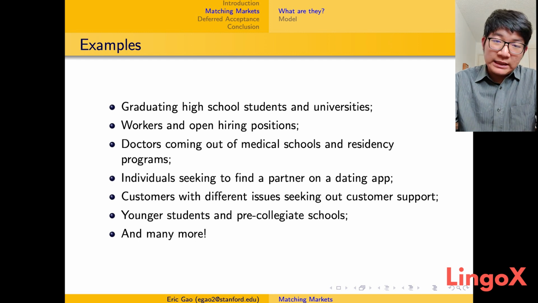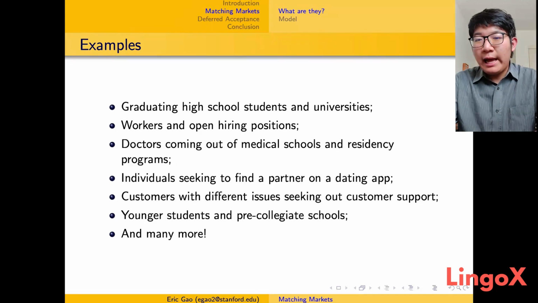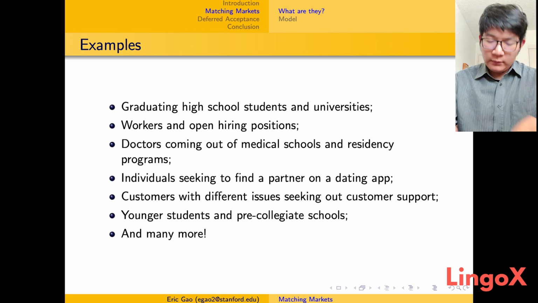Another example might be customers who want customer support and people who are answering customer support calls. In this example, we really have a finite number of the resource. You've probably experienced, or maybe your parents have experienced, waiting a decent amount of time to speak to someone who's available about customer support. And in this case, how matching works is really important.